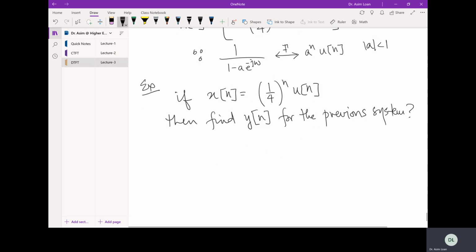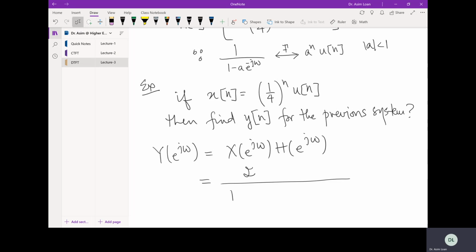So Y of e to the j omega is simply X of e to the j omega into H of e to the j omega, which is equal to 2 over 1 minus half e to the minus j omega into 1 minus 1 over 4 e to the minus j omega whole square.